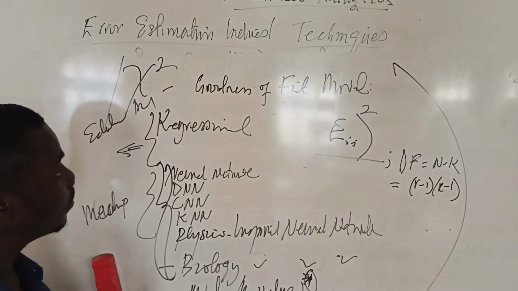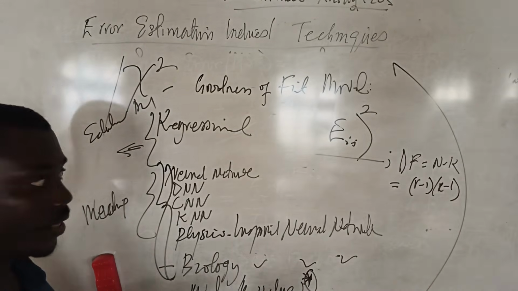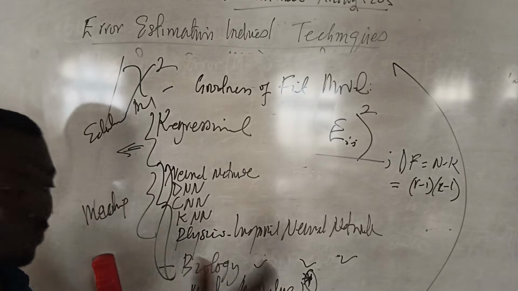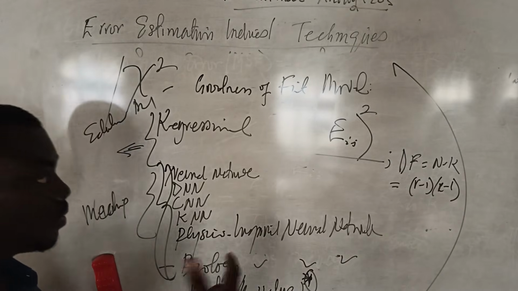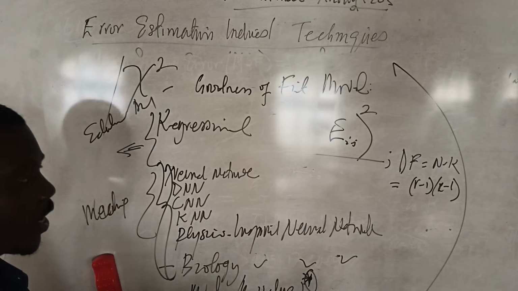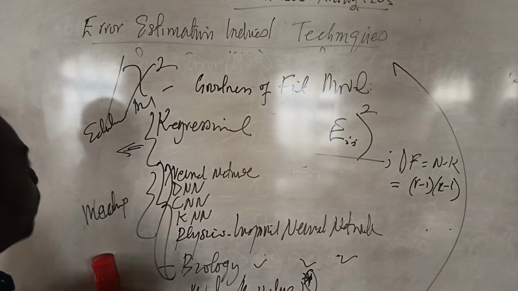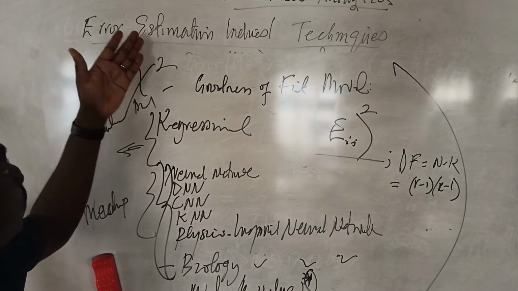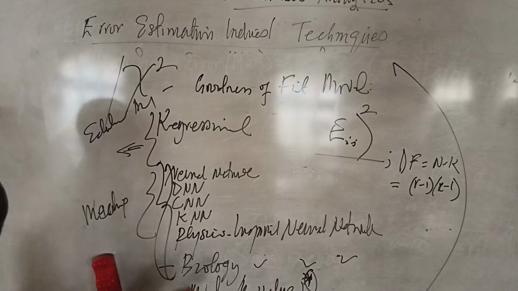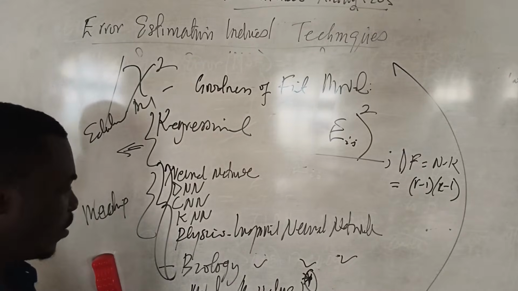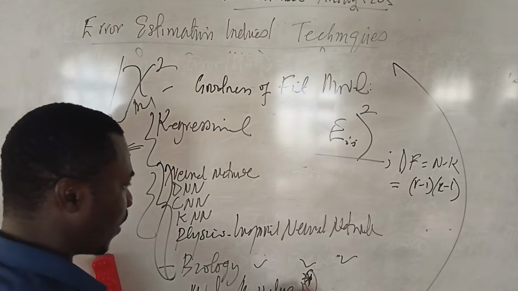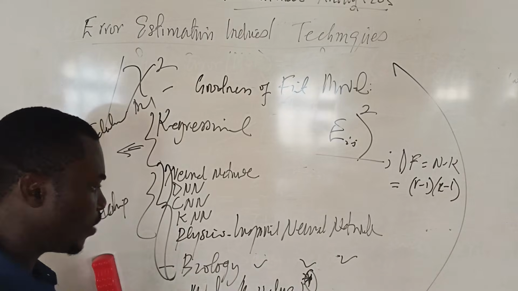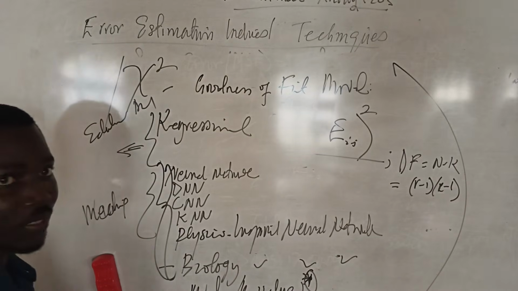If you create your own machine learning model, how will you validate its performance? How will you validate its efficiency, precision, and accuracy? If you understand the concept of error estimation, it will help you to solve that problem, and you can have your own algorithm to train or to use for your analysis.